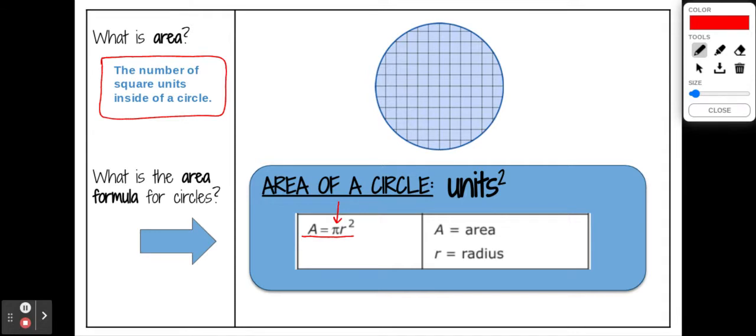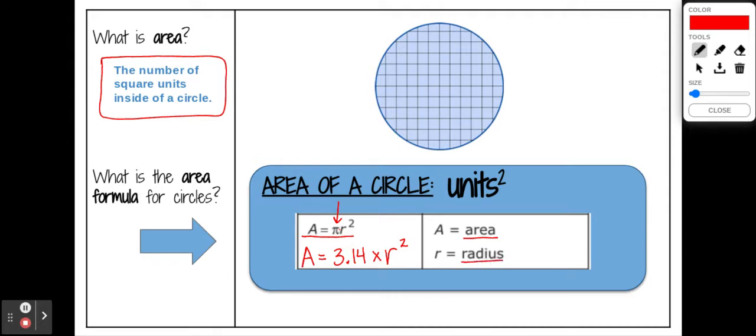So when we're doing our work today, we're going to write area equals approximately 3.14 times radius squared. A in the formula represents area, and the R represents radius.